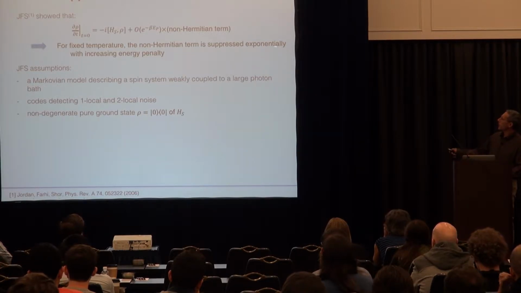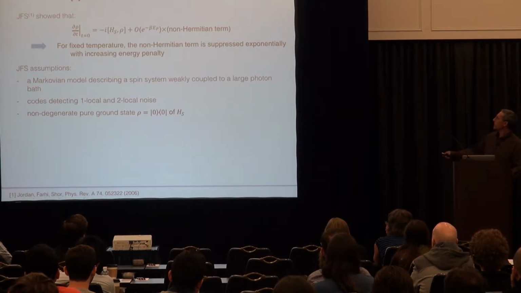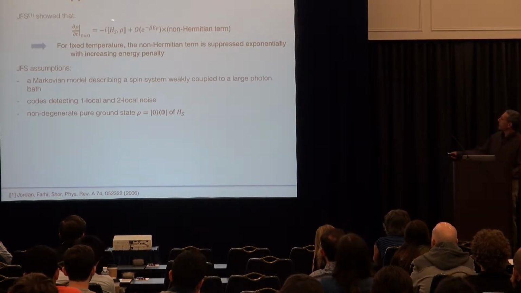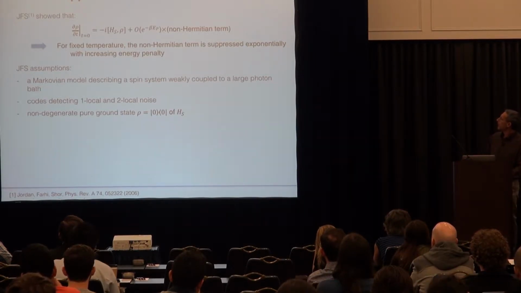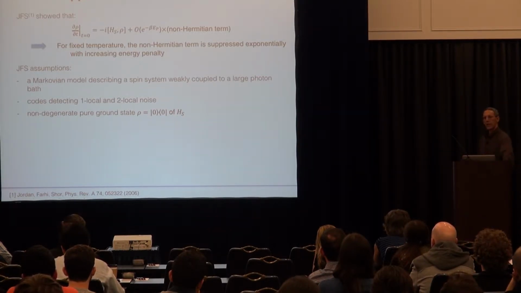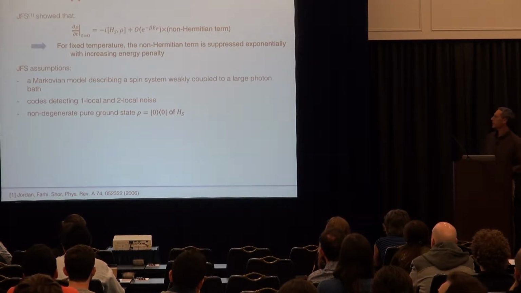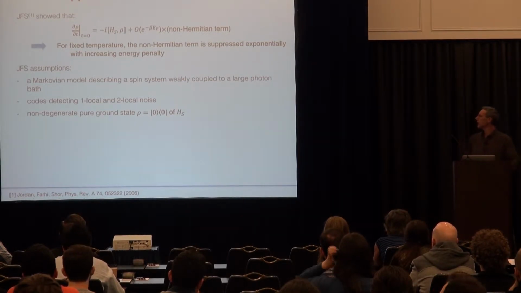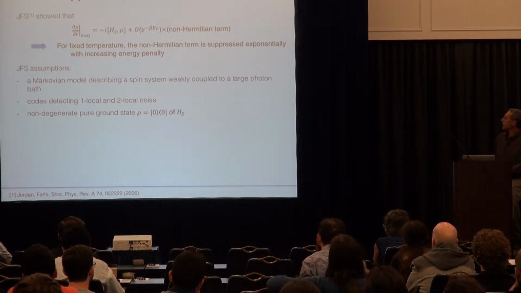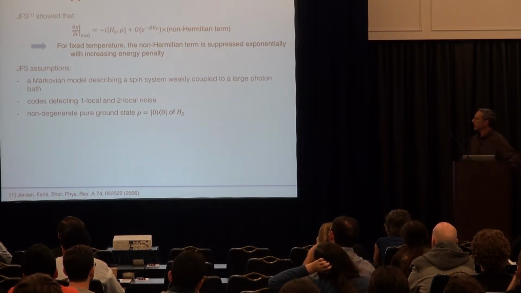And then there is a non-Hermitian term, but that non-Hermitian term is suppressed exponentially. So for fixed inverse temperature beta, the suppression is exponential in the energy penalty, EP. So that's the key result. There is an exponential suppression in the strength of the energy penalty.